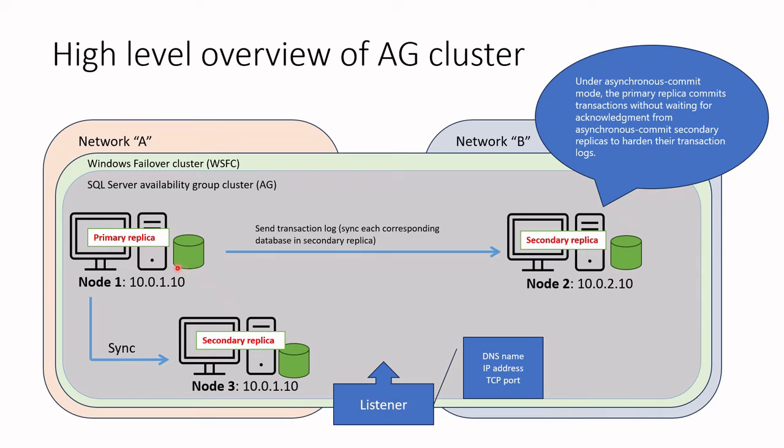What the primary replica does in this case is first record this transaction to the transaction log locally. Then it sends these transaction logs also to the asynchronous secondary replica.